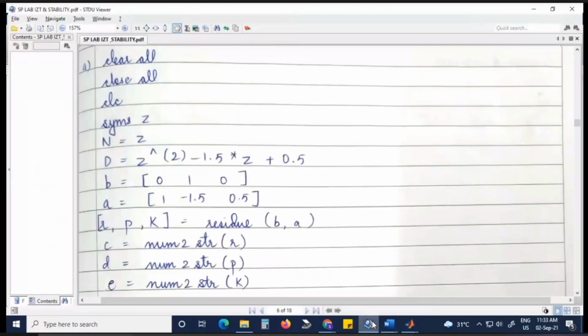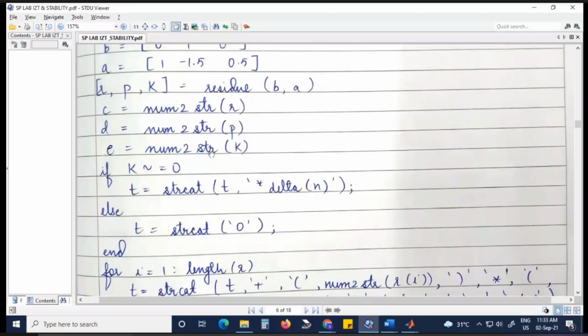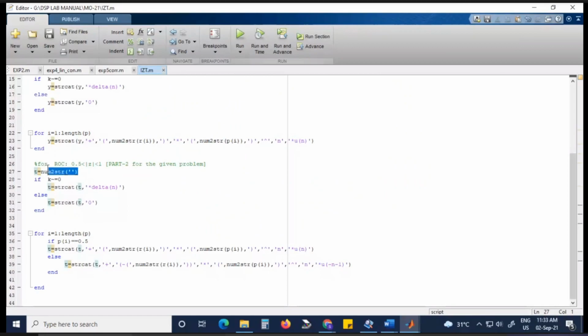They have considered t is equal to strcat t, but actually one line is missing, that is t is equal to strcat num to string, with that pole variable.